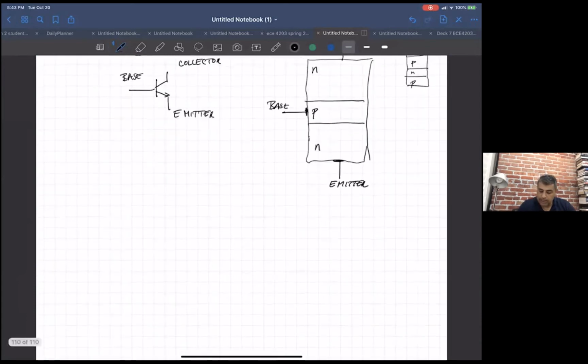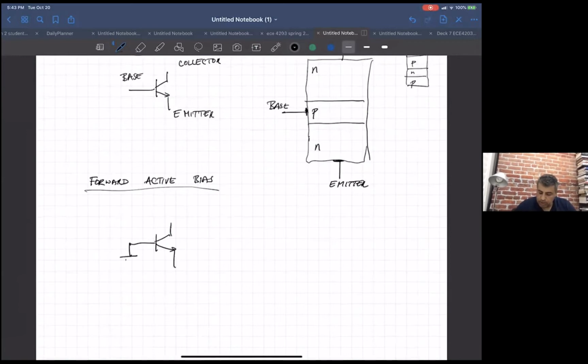So if we were going to bias this thing up in the condition called forward active bias, or active bias or forward bias, what we would do is we would take the bipolar transistor, we would put a voltage on the base such that the base emitter voltage, I'm just going to call it VBE, and I'm just going to call it 800 millivolts.